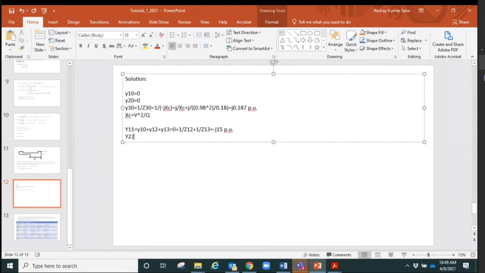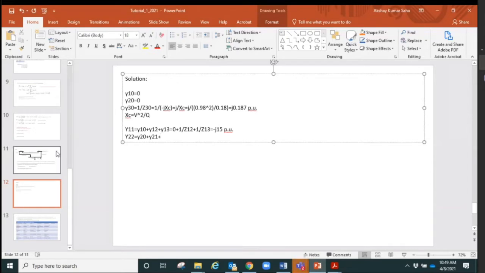Now we can calculate y22. y22 is what? y20 plus y21. There is a connection between 2 and 1, so 2 and 1 will come. And also there is a connection between 2 and 3.